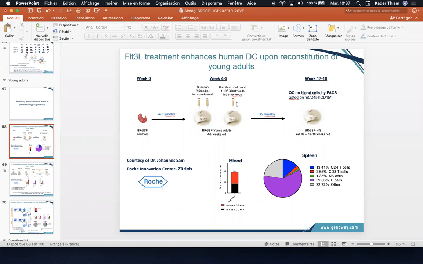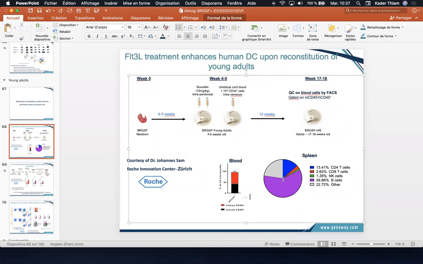The only difference is that when you do this, you need to wait another 12 weeks. So the mice that you're going to work with will be older, around 18 weeks old, whereas if you do the irradiation protocol, they will be 12 weeks old when you start working with them. But both give rise to the same QC.